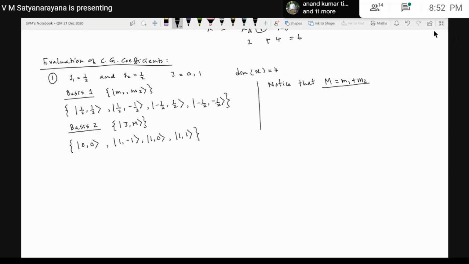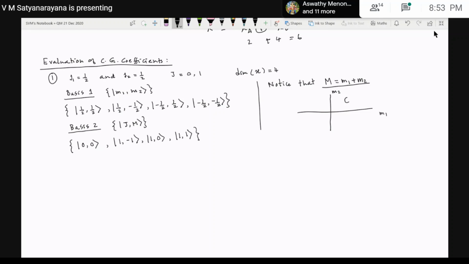So let us use a geometrical trick. I will represent M1 and M2 in a graph like this, and then geometrically represent all these four states here.